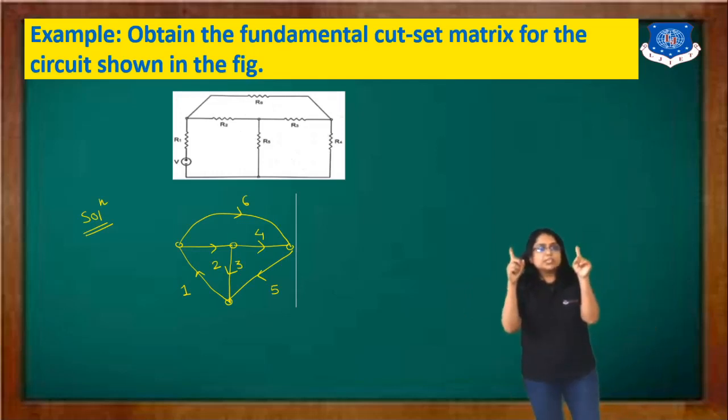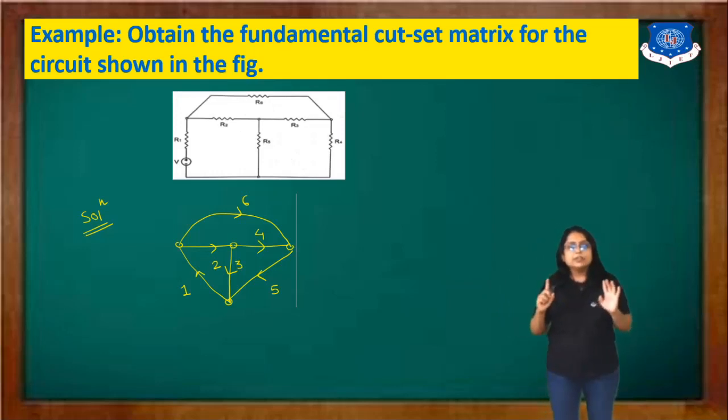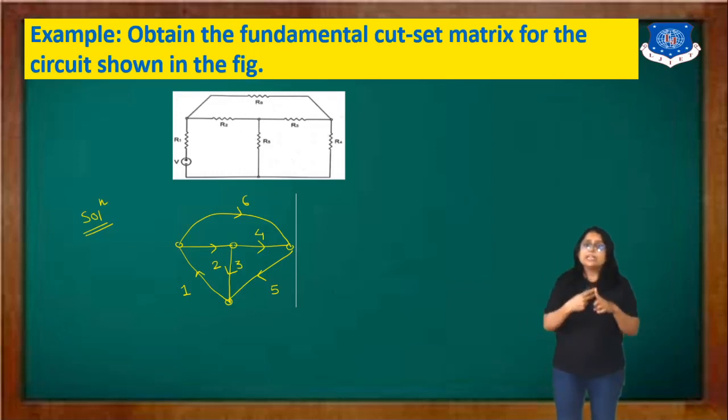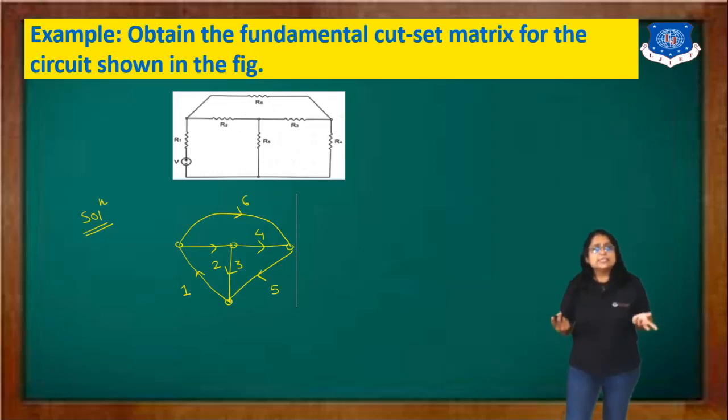If any resistor is there, replace that with a line segment. If in one branch we have a combination of resistor as well as voltage source, we know that both elements can be replaced by a line segment. So just replace that with a line segment. So this is my complete graph of this circuit diagram.